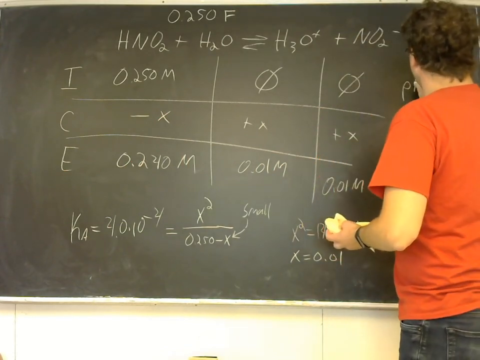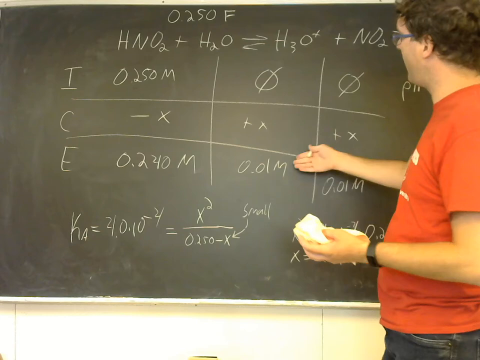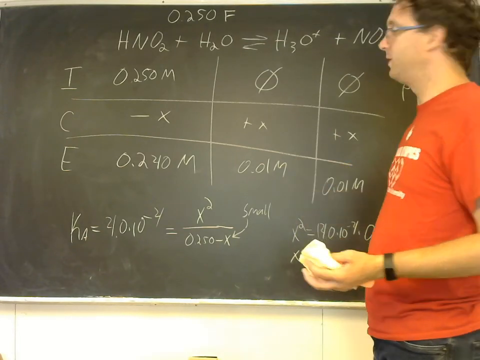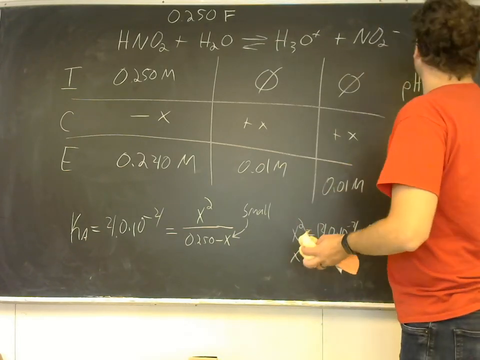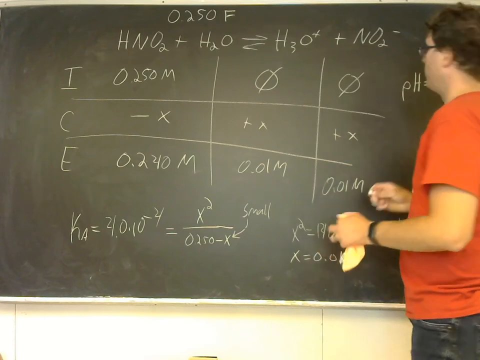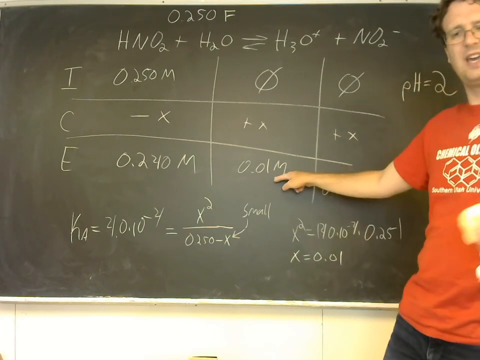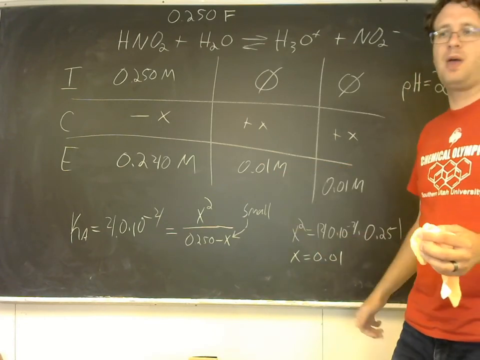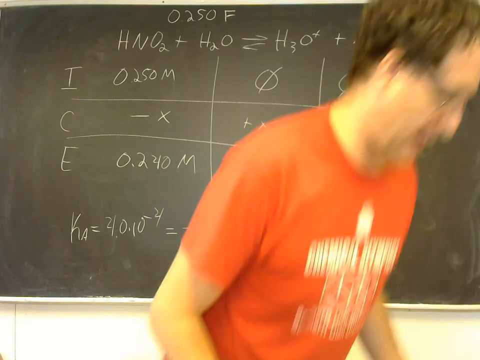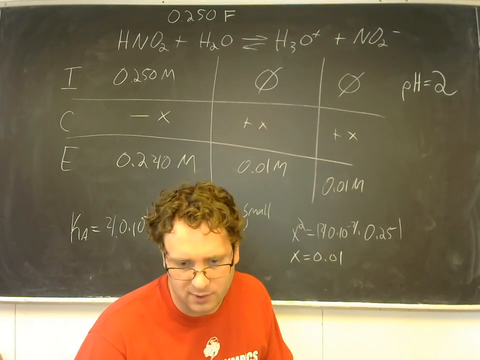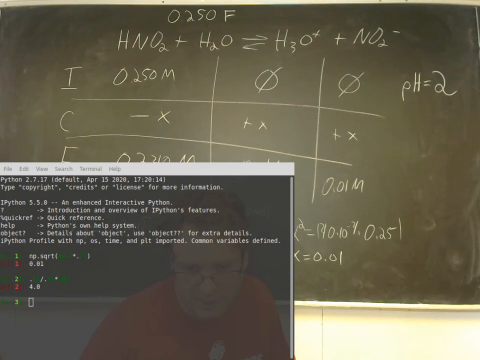And the pH is going to equal the negative log of the H3O plus concentration, and in this case that will be a 2, because this is 10 to the negative second power. I can prove that just in case you want to double check. Okay, so we'll do the negative base 10 log of 0.01.